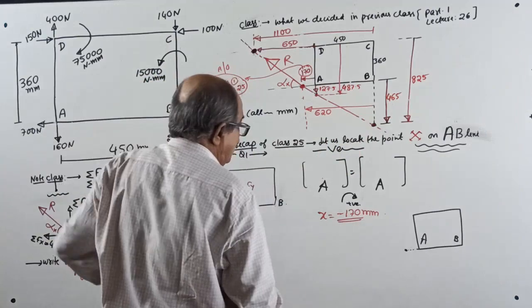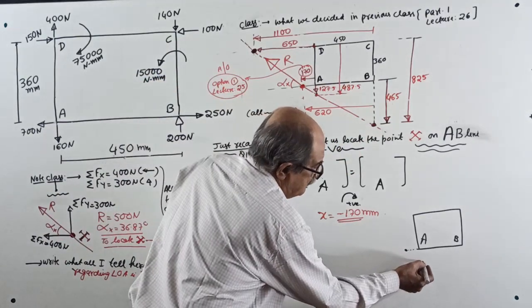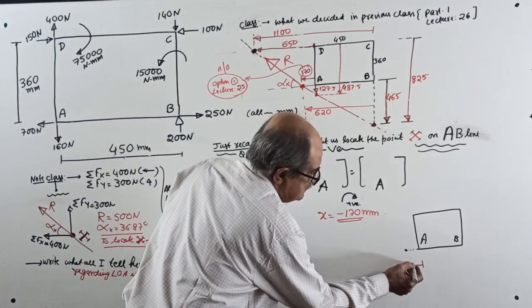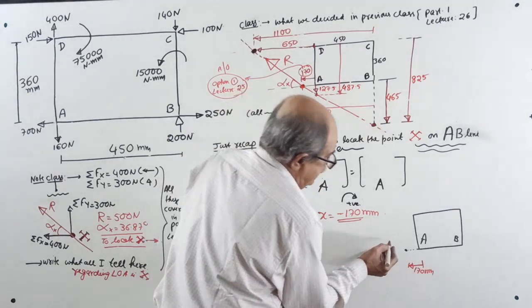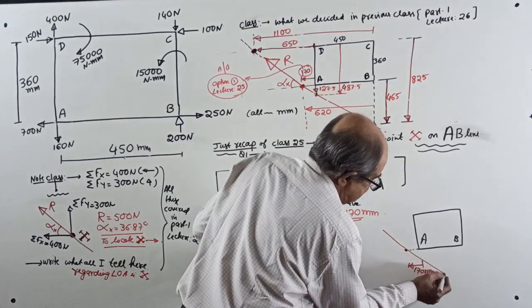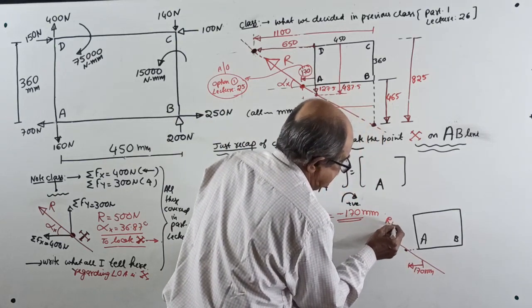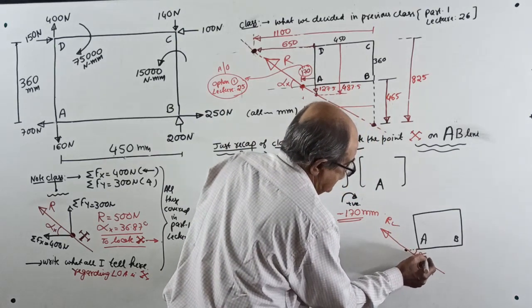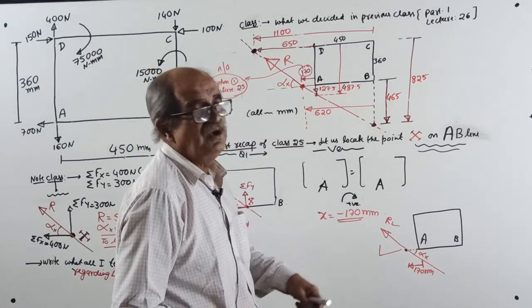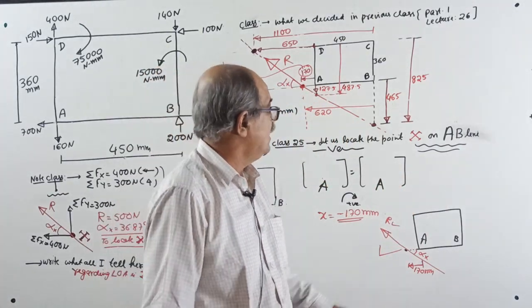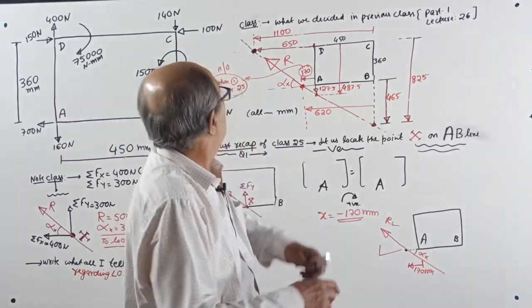It is to the left of A. So from A, you come to the left side by 170 millimeter, and through that point you mark the resultant. Enter the resultant answer, and the angle alpha also. This is already over in class number 25. We stopped there.